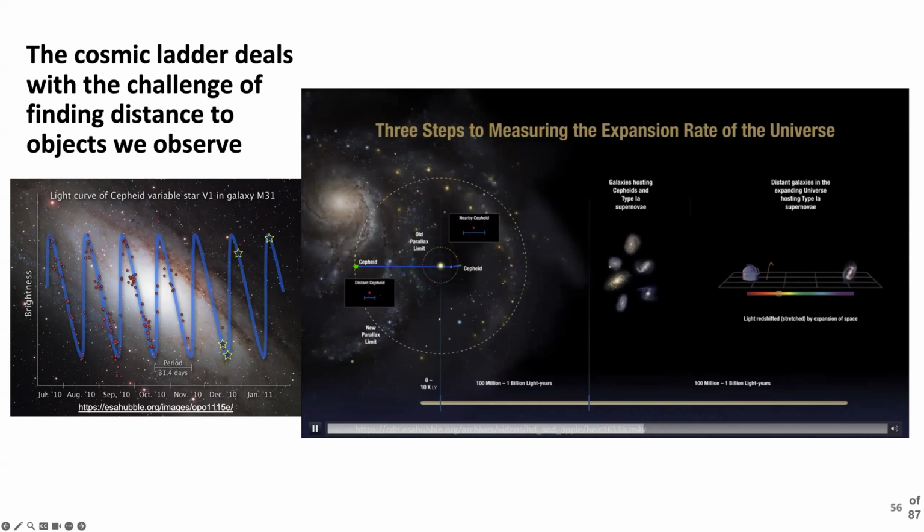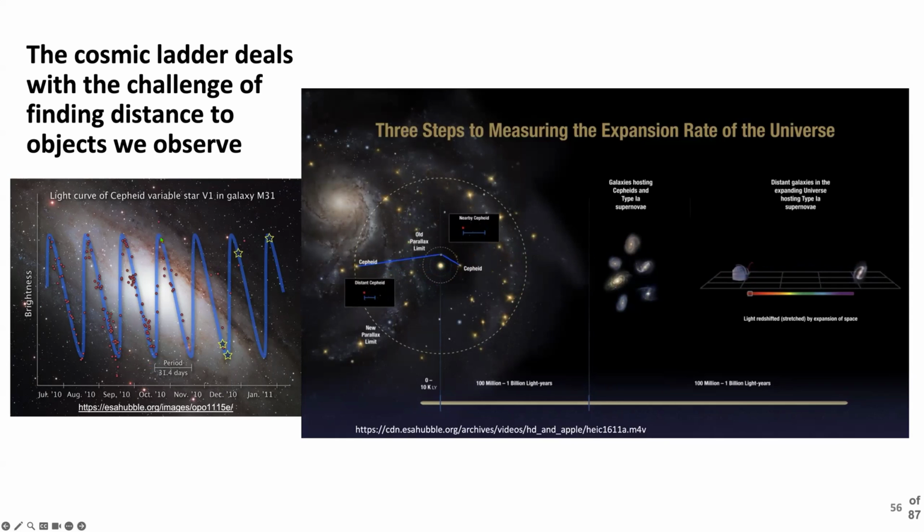Now we can do it for Cepheid variables that are much farther away. But in doing this, we can characterize the light output from these Cepheid variables, because we know the nearby ones rise and fall in light output proportionate to the period of their brightening and dimming. In this case, this object brightens and dims in about a month.